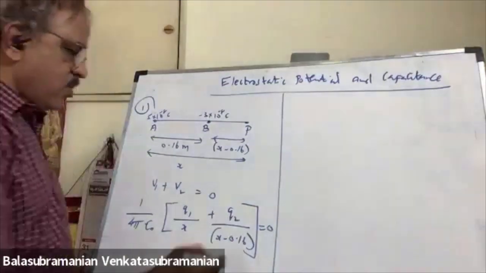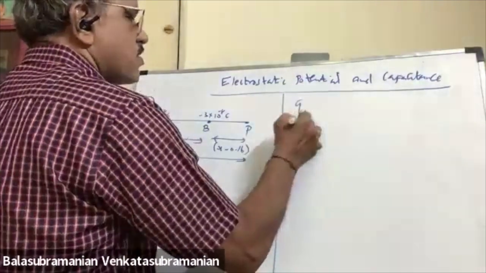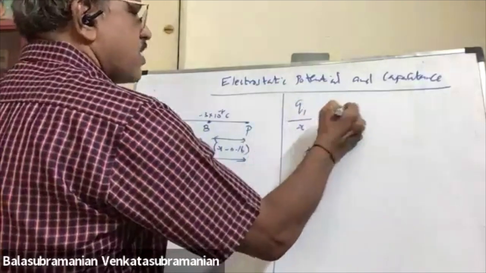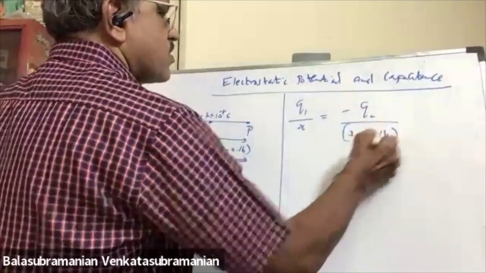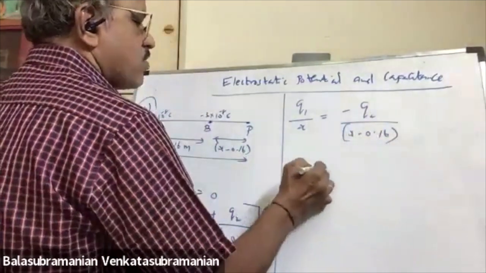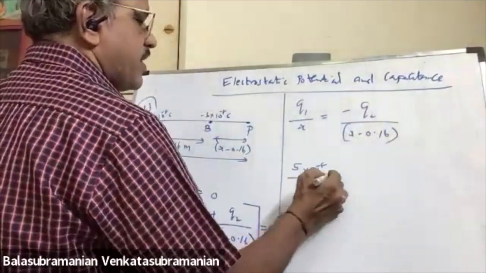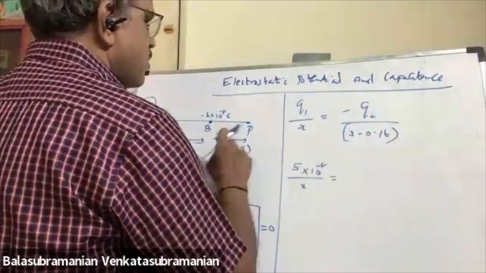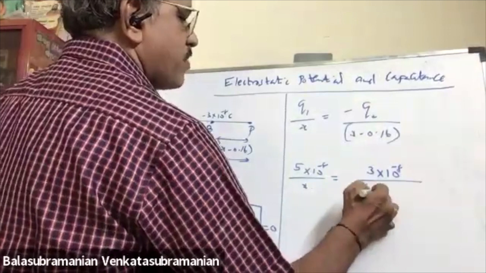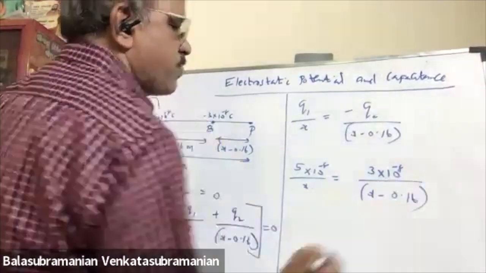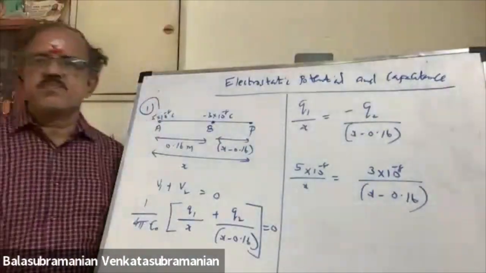So I can write Q1 by x is equal to minus Q2 by x minus 0.16: 5 into 10 power minus 8 by x, minus of minus is plus 3 into 10 power minus 8 by x minus 0.16.